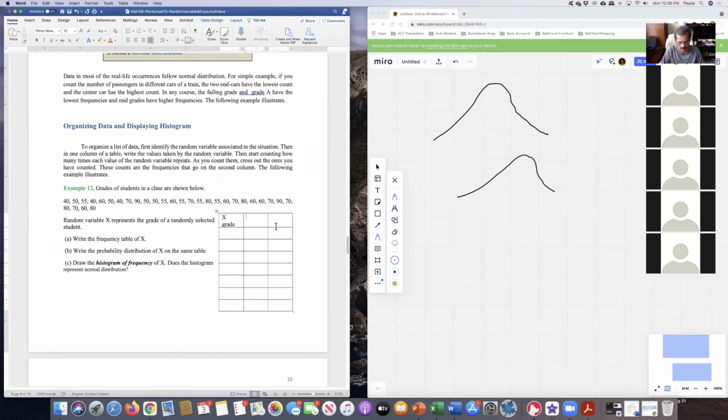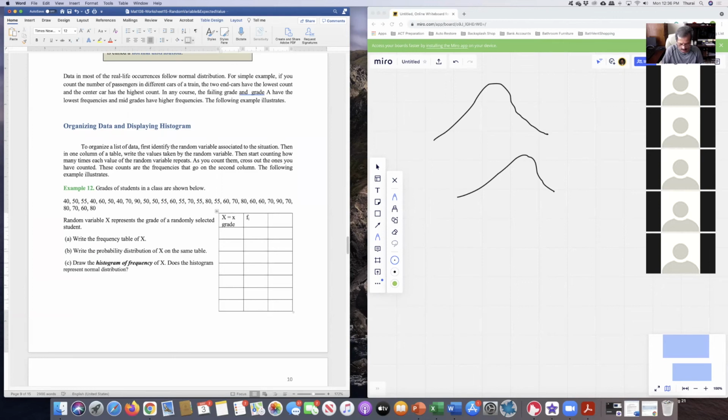And the frequency goes here. We use F to represent frequency. We usually write f_i, depending on the book, to mean the ith frequency. Also, here they will say the value x_i.